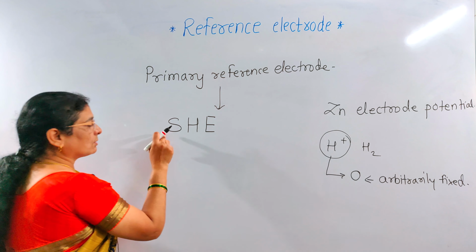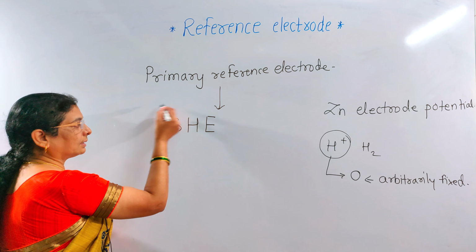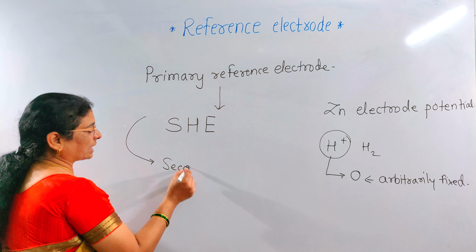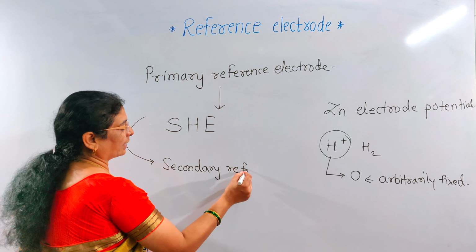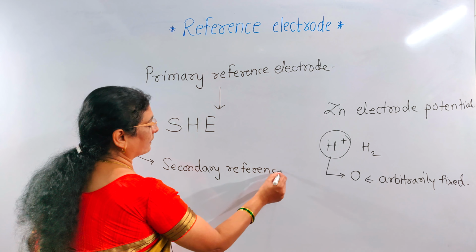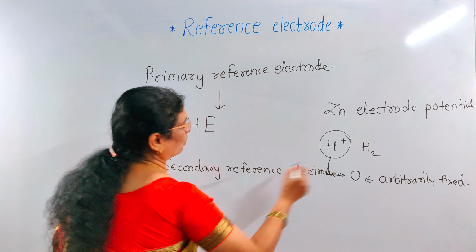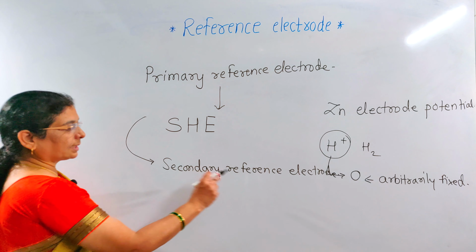Here, by using the standard hydrogen electrode as reference electrode, the potentials of other electrodes are fixed, and these electrodes can be used as reference electrodes, and they are called secondary reference electrodes. The secondary reference electrodes are calomel electrodes, silver electrodes or glass electrodes.